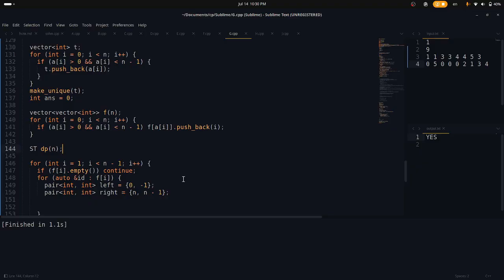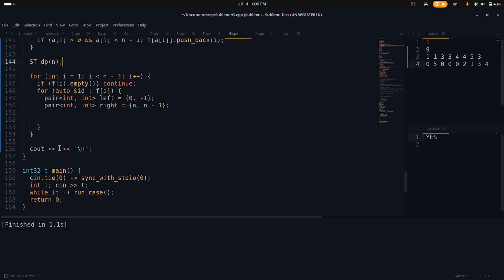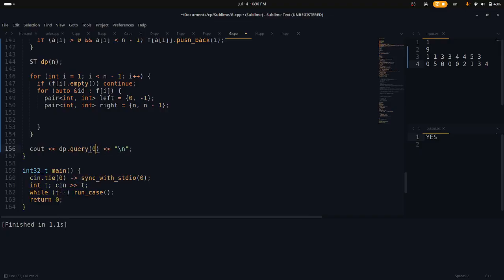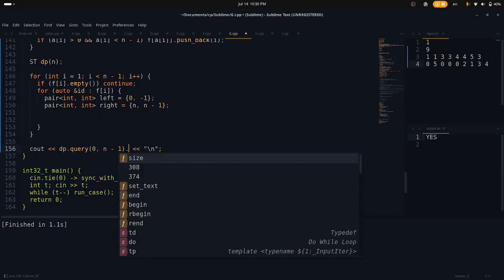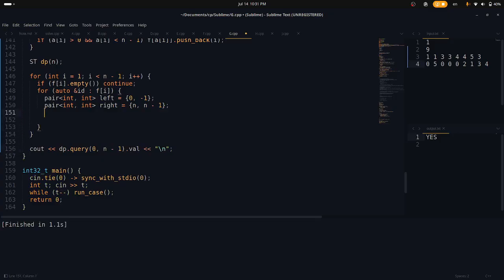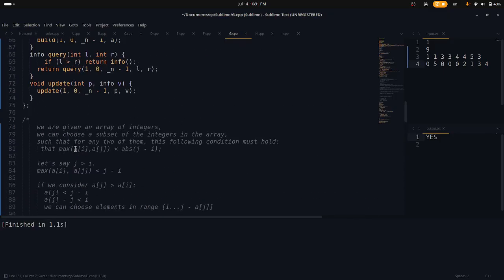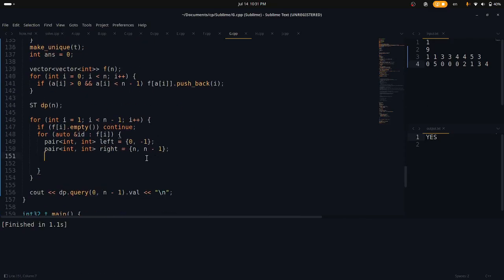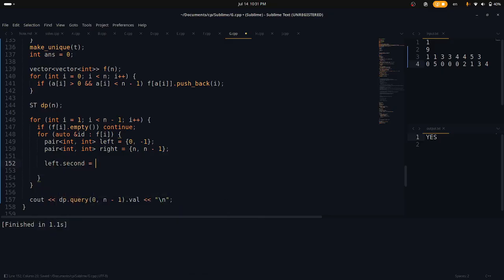We know the ranges, like query from 0 to n minus 1 dot val. Isn't that the maximum value in range, right? Max. Okay. Now left dot second will be id minus I, right dot first will be id plus I.